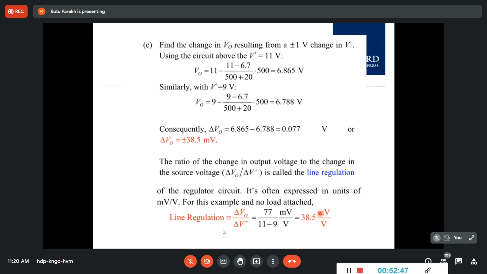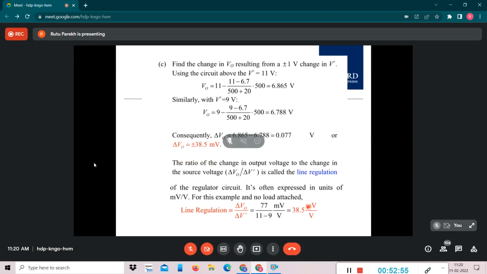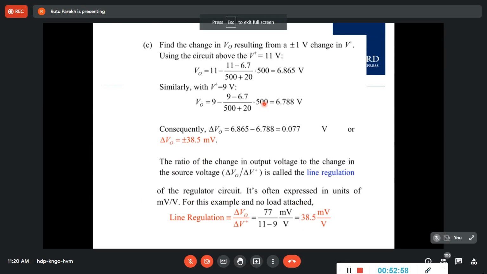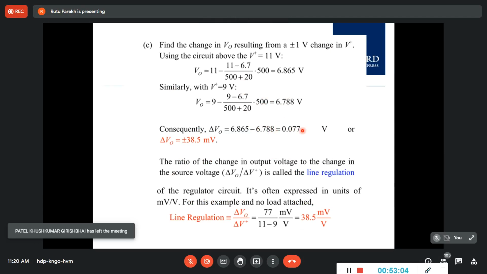This kind of thing is used in transmission lines just to make sure of the stability, to see how much it is varying, even if the input is varying. And you can see that because of the Zener, even if the input changed by 2 volt, the output only changed by how much?